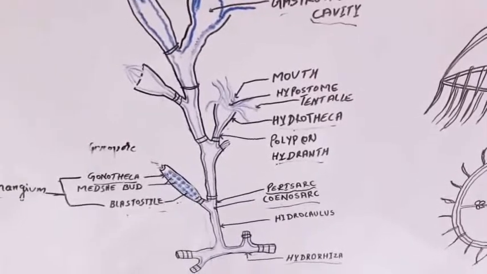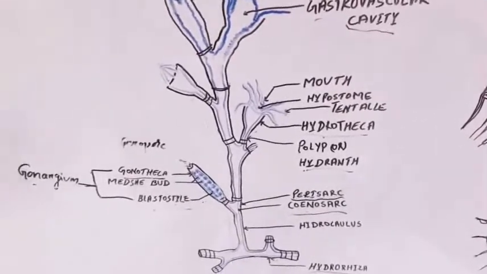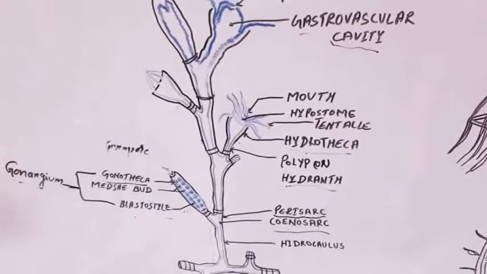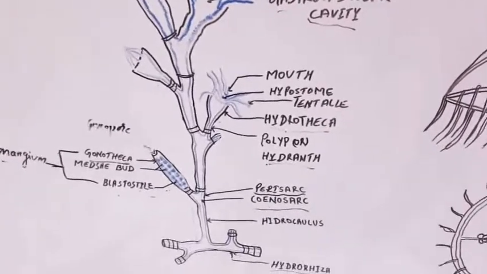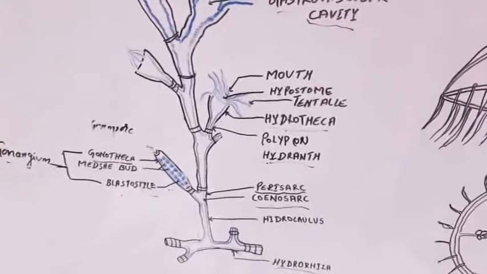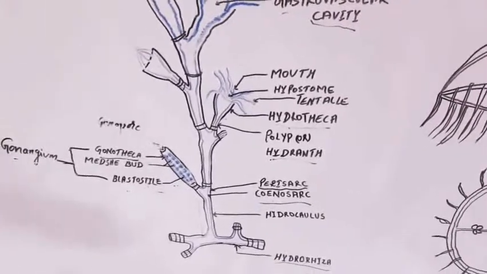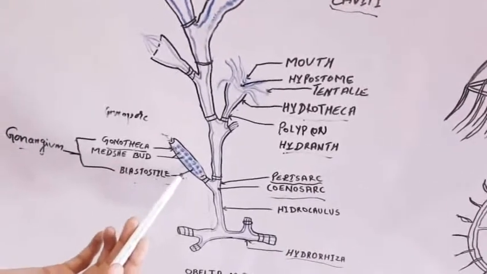So next is the medusa, the third zooid in the Obelia colony. The medusa is a modified zooid which develops from the blastostyle.